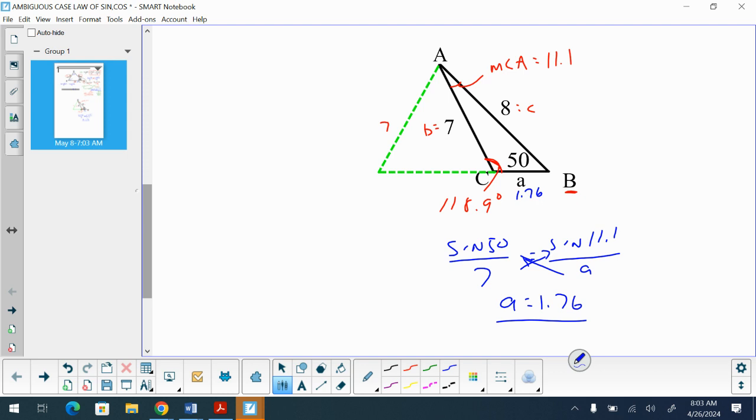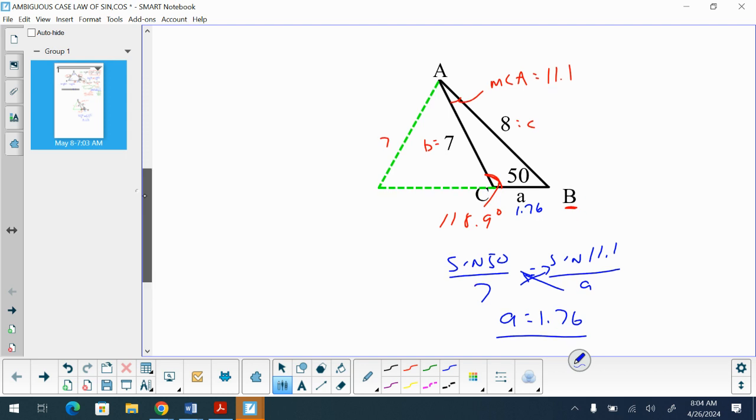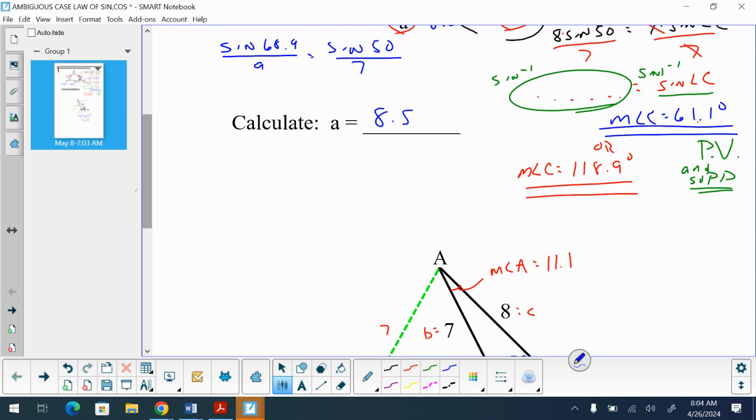Our smallest angle is 11.1. Our smallest side is 1.76. So we have a second scenario that will work. What you have to watch out for is when you use your law of sines to find the measure of an angle, you have to worry about two possibilities.